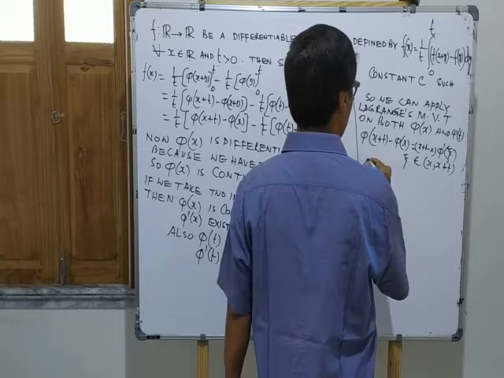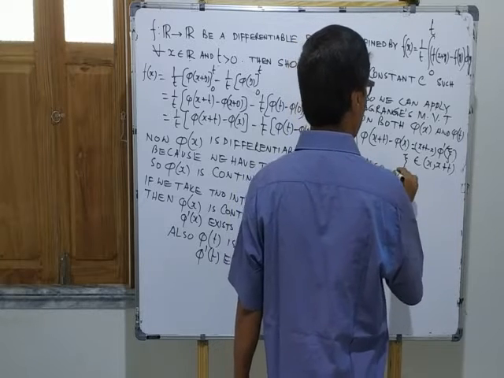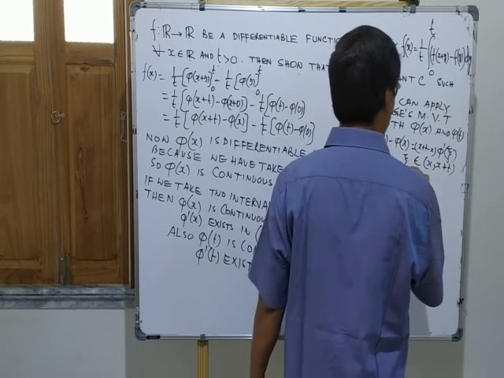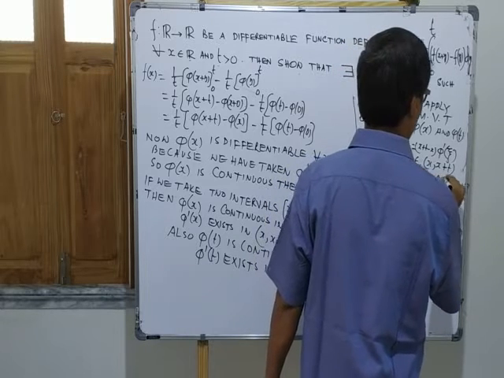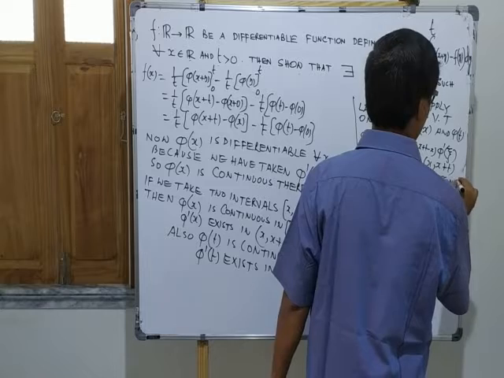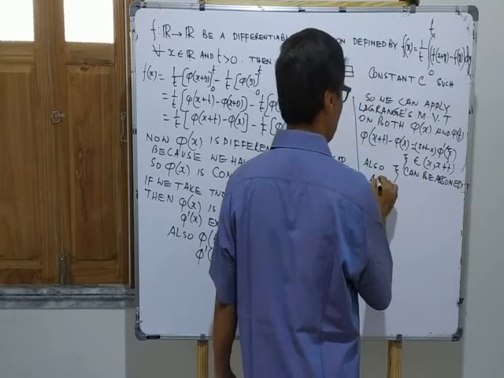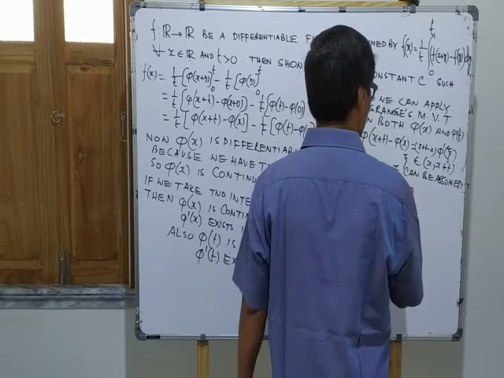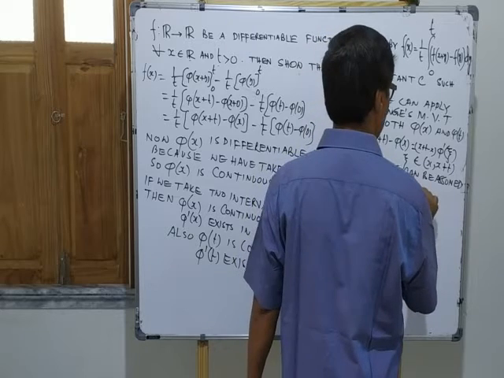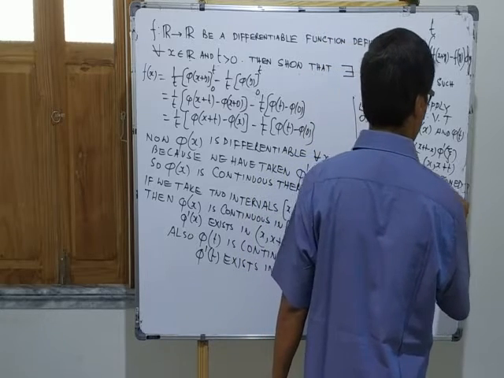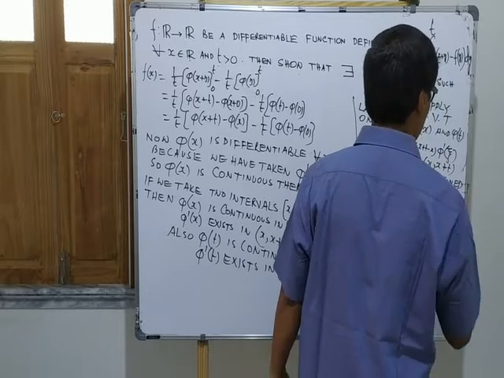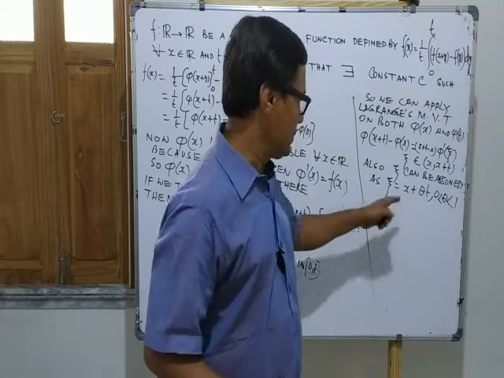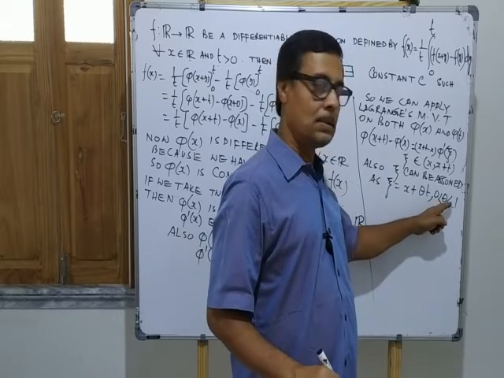Also xi can be assumed as xi equal to x plus theta t, where theta is greater than 0 and less than 1.